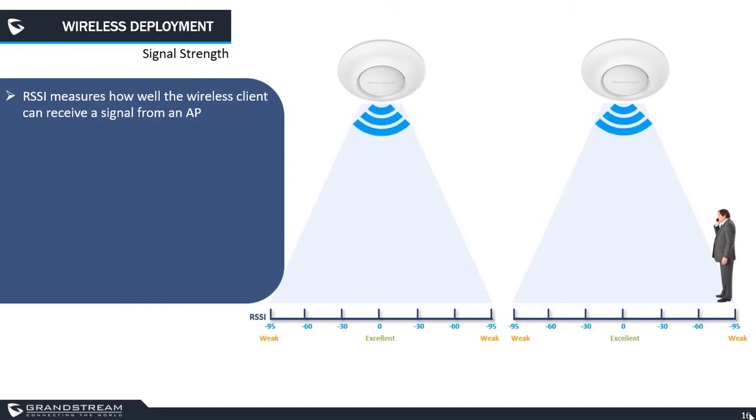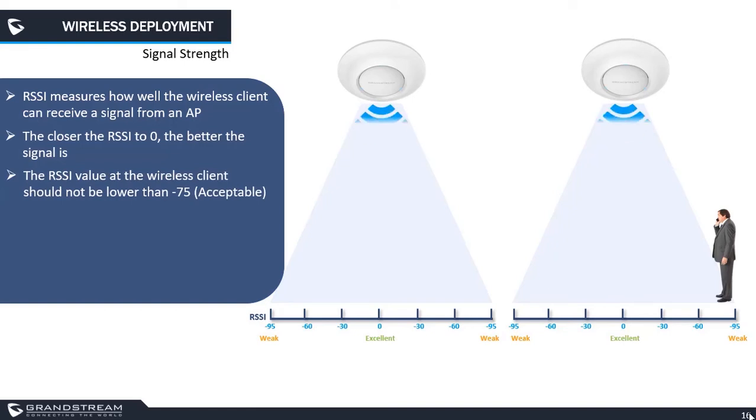It is a relative value that is useful to determine if you have enough signal to get a good wireless connection. So the closer the RSSI to 0, the better the signal is. And the input range, I believe in the GWN access points, is from -95 to -1.